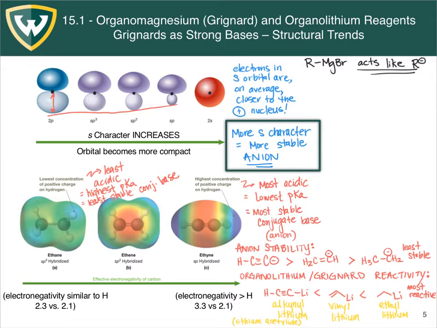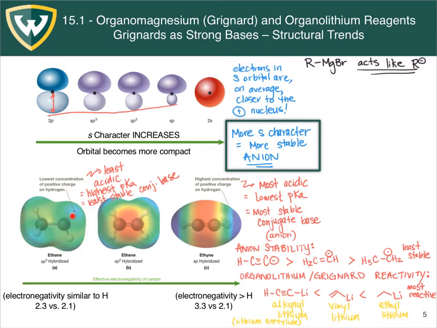The last way that we can think about this is to look at the electronegativity of these various species. What we're talking about here is the electronegativity of the carbon of interest. If we look at ethane, the electronegativity of this carbon is 2.3 compared to hydrogen at 2.1.